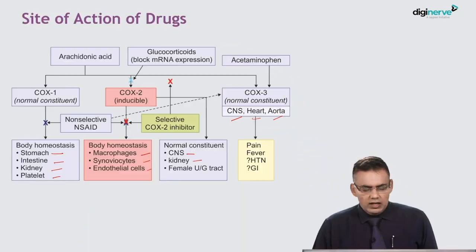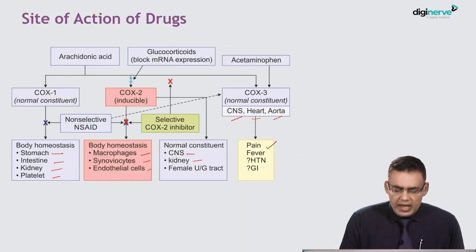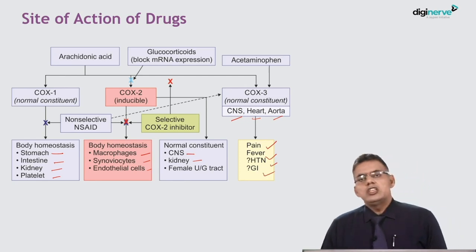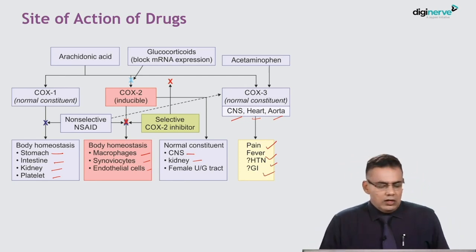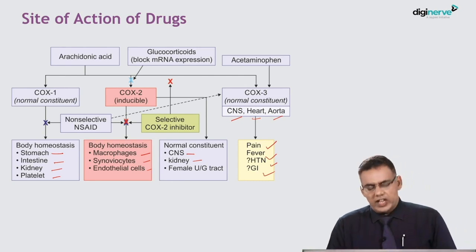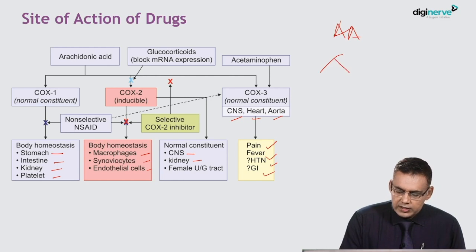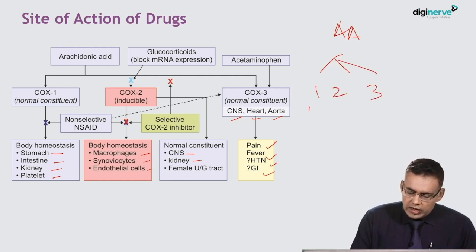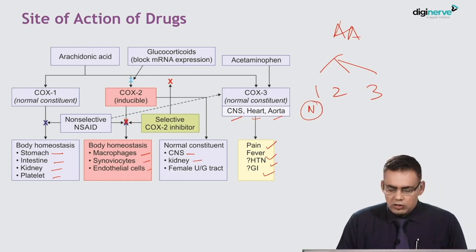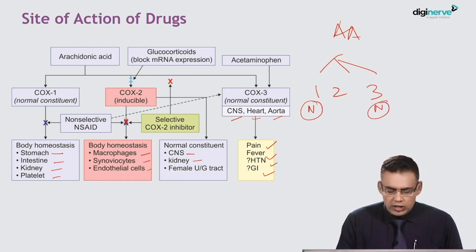Modification in this could result in pain, fever, hypertension and GI effects. Now we see that there are three types of cyclooxygenases which are acting on arachidonic acid. COX-1 is a normal constituent, COX-3 is also a normal constituent, COX-2 is inducible.